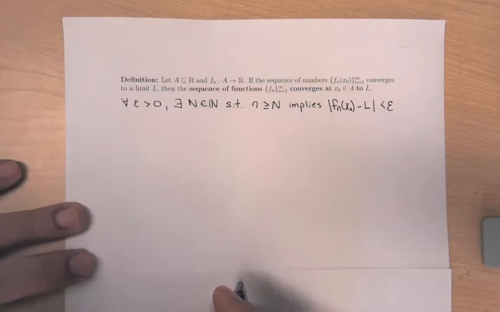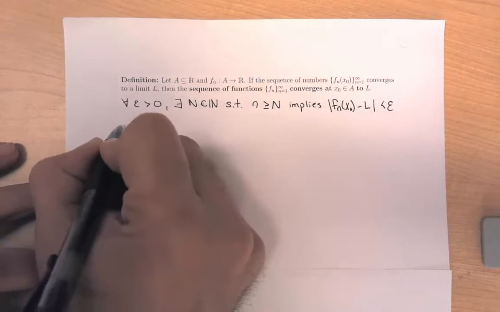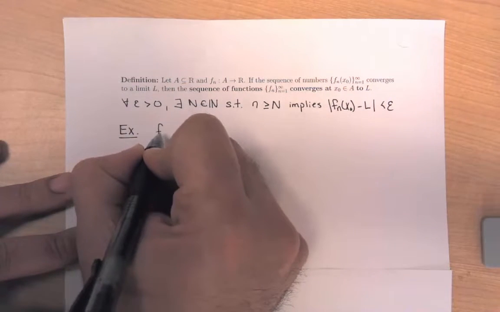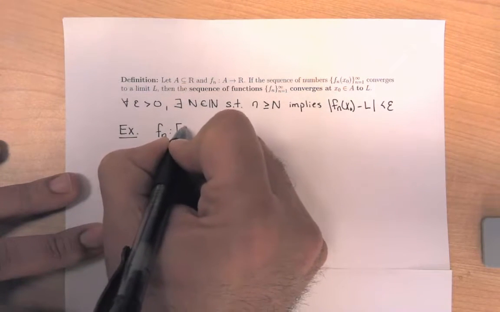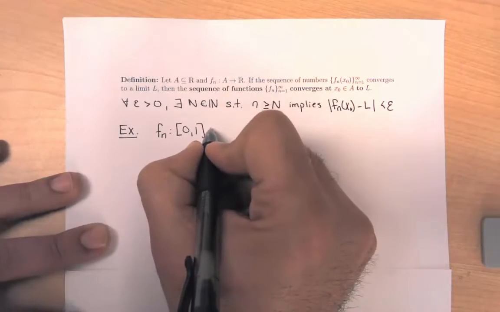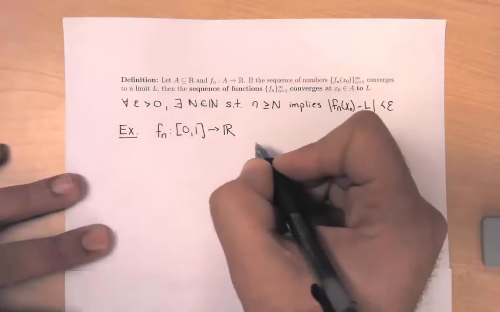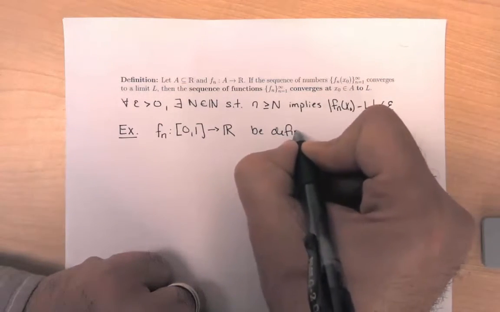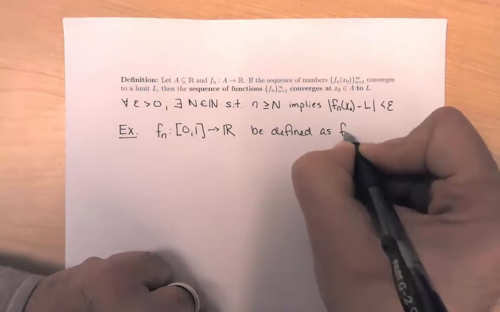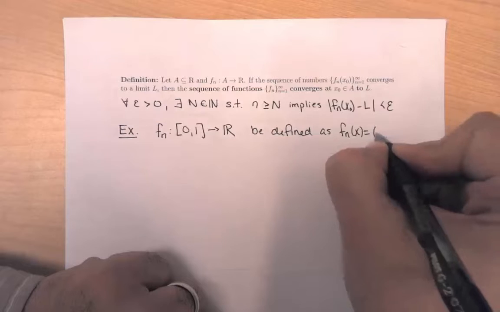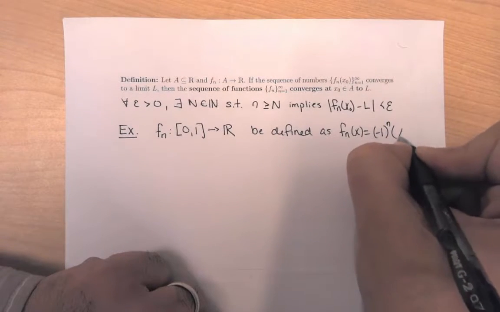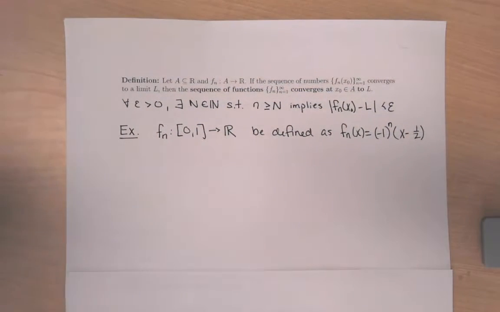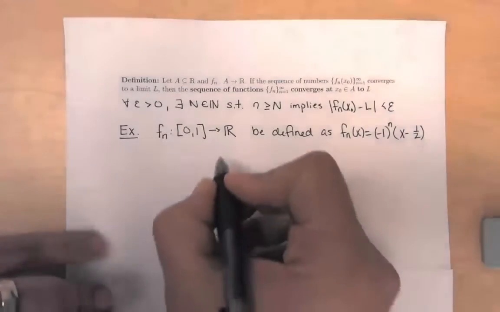So let's take a look at an example. Suppose fn maps the closed interval 0 to 1 to R, and we define it as fn of x equals (-1) to the n times (x minus 1/2). We'll draw a picture.